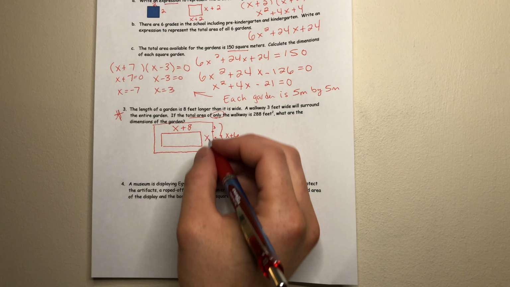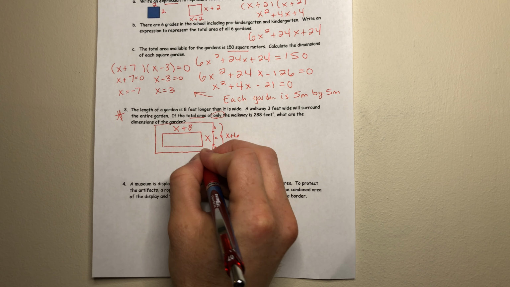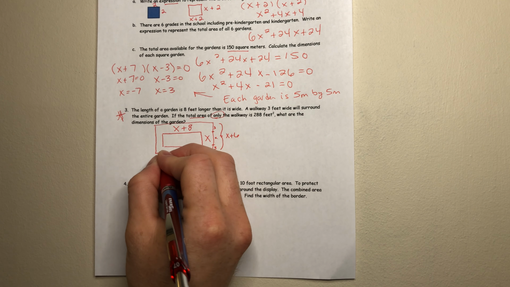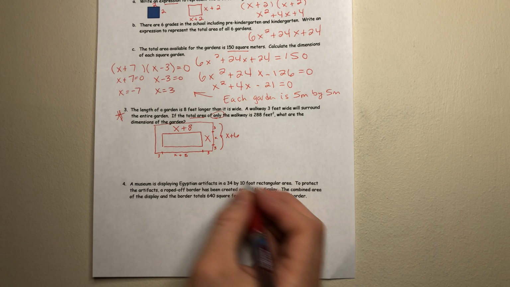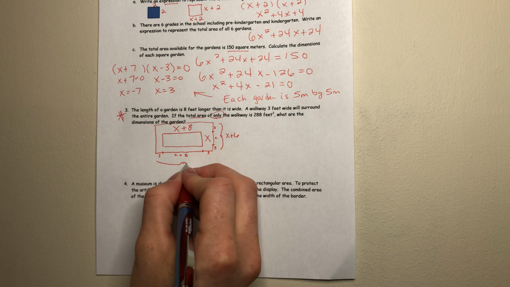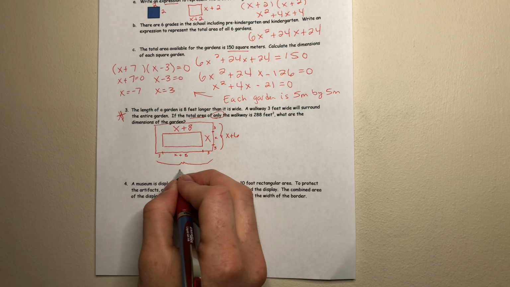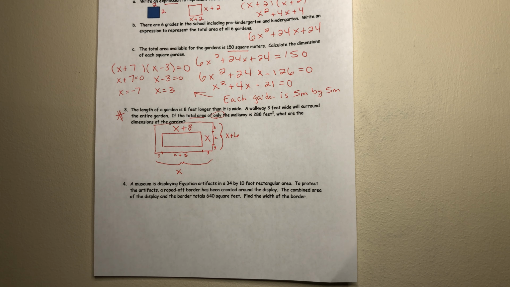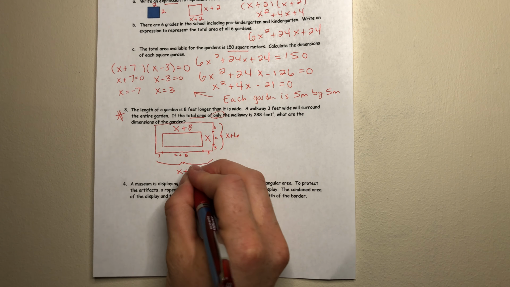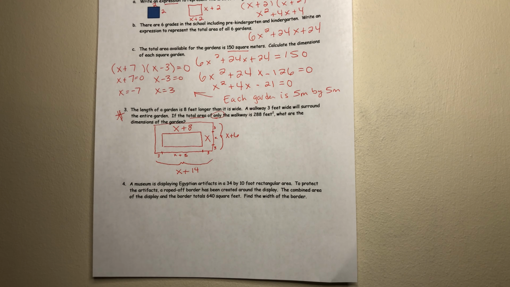Now let's use the same logic. Now I'm going to stop right here. This is 3. This is 3, but this is x plus 8. So this whole side is x plus what's 8, 3, and 3 make? That's 14. So we're going to have x plus 14.